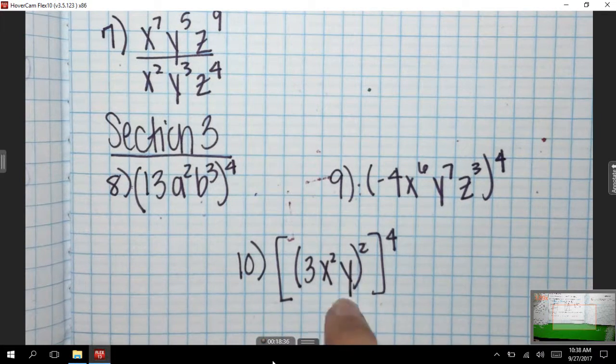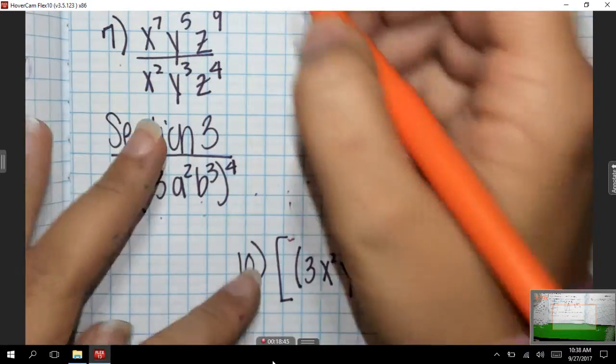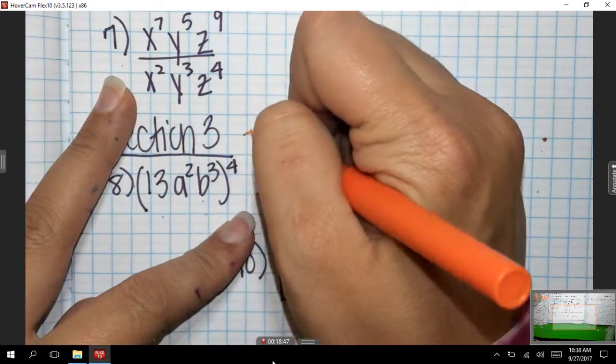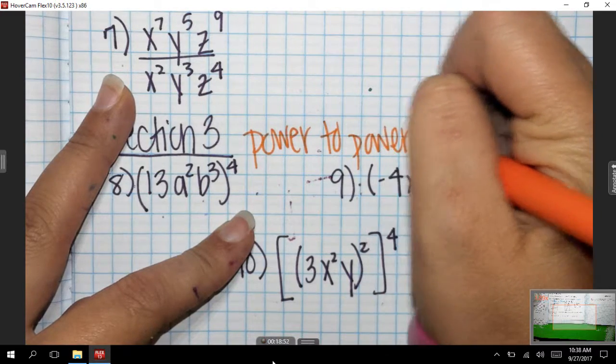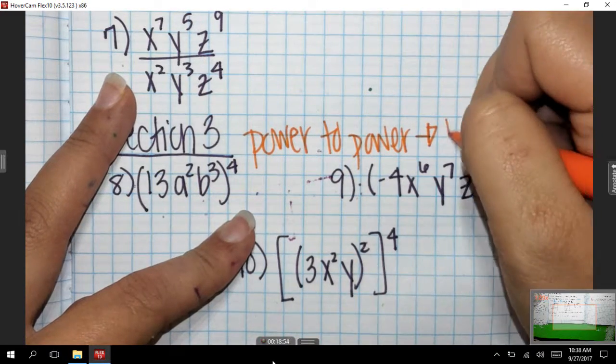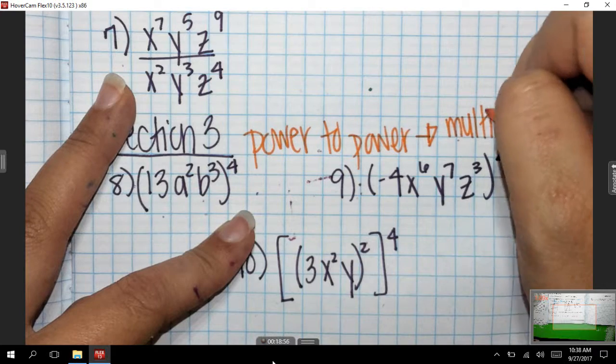This is not multiplying like bases. What is this? Power to a power. Take a point. And what do we do to the exponents when we have power to a power? Multiply the exponents. And what do you do to the bases?